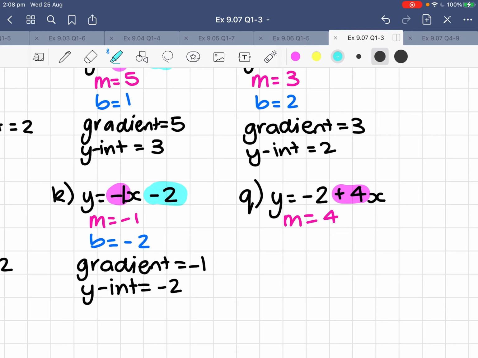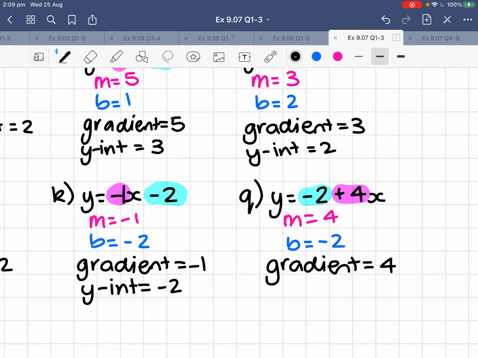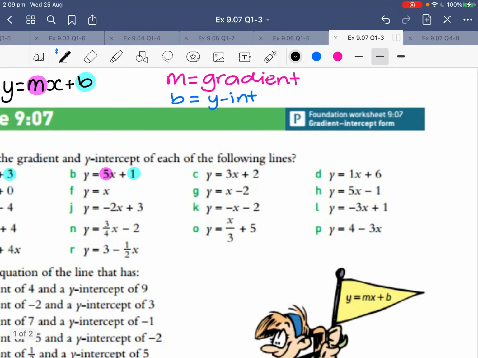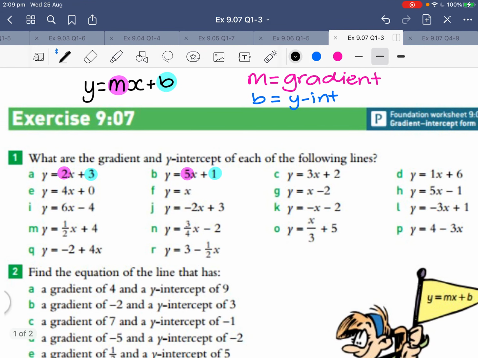So m equals plus 4. And our y-intercept is the constant, so our y-intercept, or our b, is minus 2. So for this one, we have a gradient equal to 4 and a y-intercept equals minus 2. So hopefully that helped.